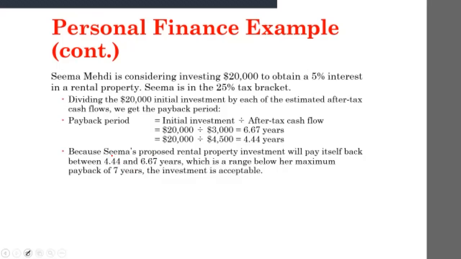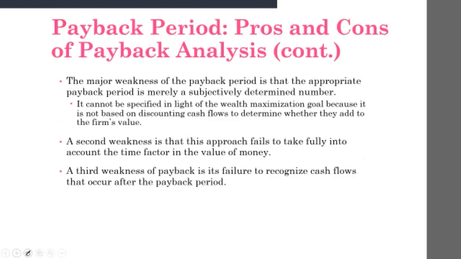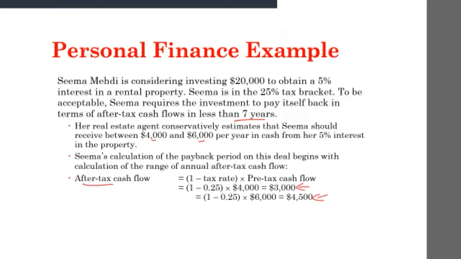Dividing the $20,000 initial investment by each of the estimated after-tax cash flows, we get the payback period. So if she's getting $3,000, because we took out the tax from her estimated cash flow, which was 4,000, we got a tax of 1,000.